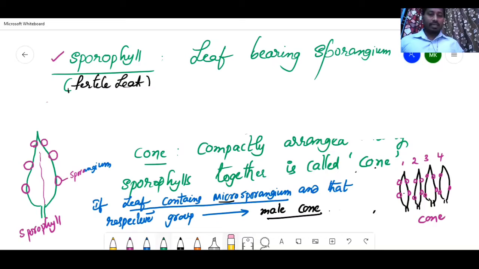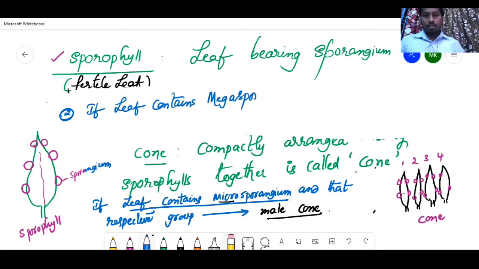Simply, you can write in the second point, if leaf contains on its surface megasporangium. Megasporangium is also called ovule.